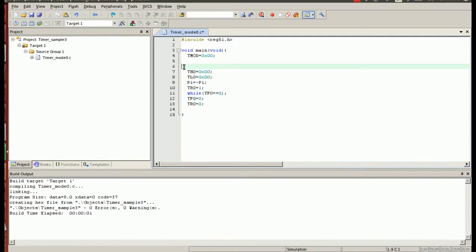So let me put the while statement here, while true, then execute the logics: to set the timer, to complement the port 1, to run the timer, and to check whether the timer has overflown or not. So this is the simplest program to generate a square wave with the timer in mode 0.